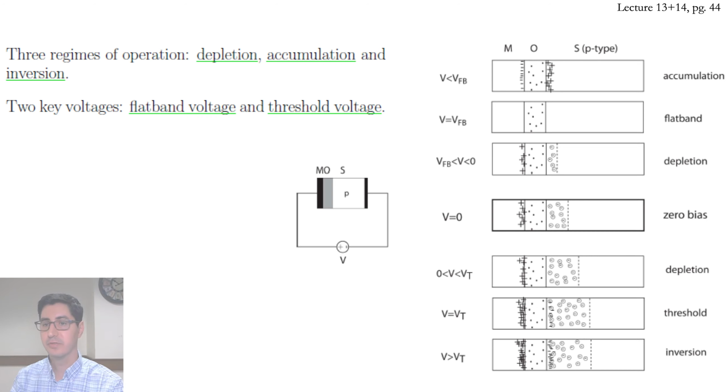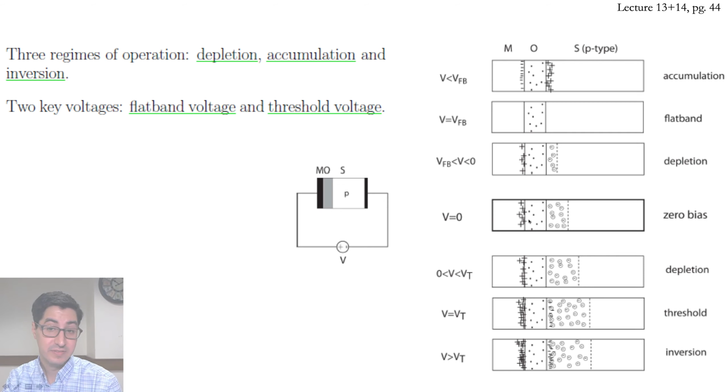Okay, so these are the different regimes. What we started with is right here in the middle, at V equals 0, our zero bias condition. What's shown here on the left is the metal. The dotted area is the oxide; the dots just indicate oxide, not charge. And the negative in the semiconductor represents the depletion charge.